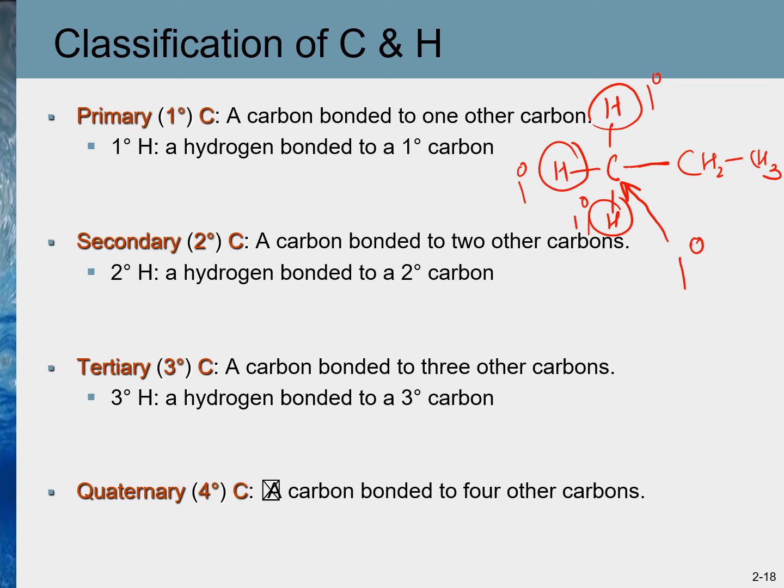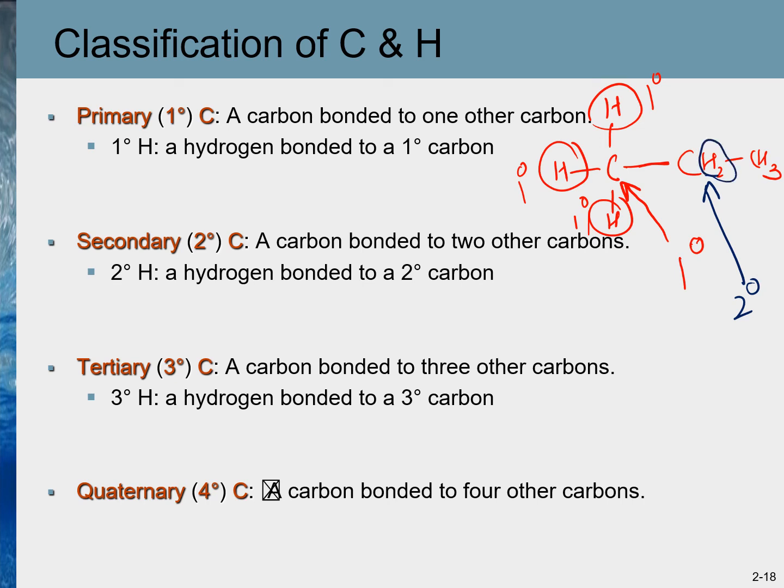So now in this case, this carbon, we can clearly see that it's bonded to one carbon on this side, another carbon to that side. So therefore, the middle carbon here, this carbon is a secondary carbon. And all hydrogens bonded to secondary carbon are secondary hydrogens.